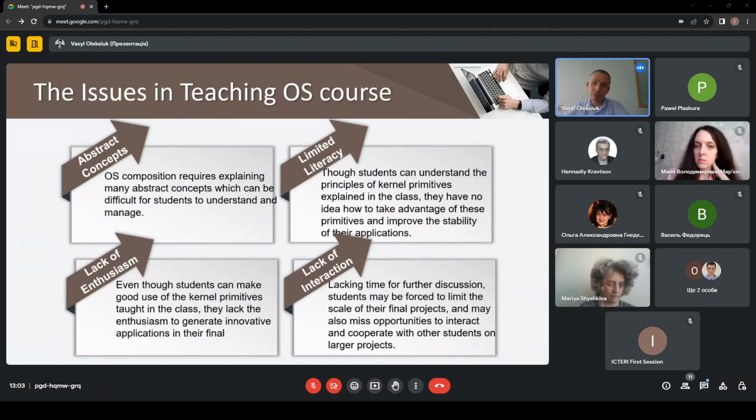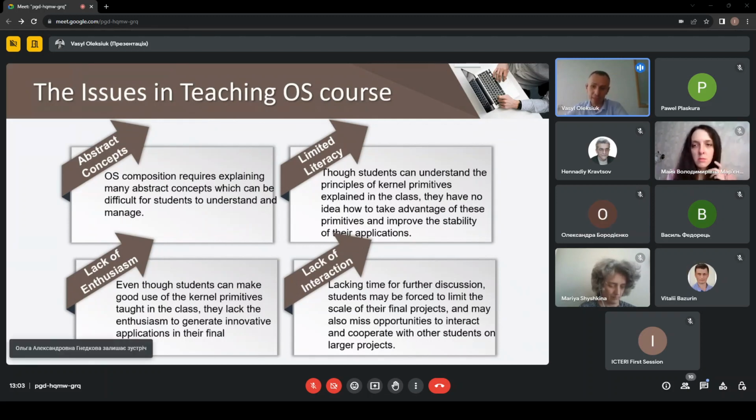Another problem of operating systems course teaching is a lack of innovation and enthusiasm. Even though students can make good use of the kernel primitives taught in the class, they lack the enthusiasm to generate innovative applications for their final project.